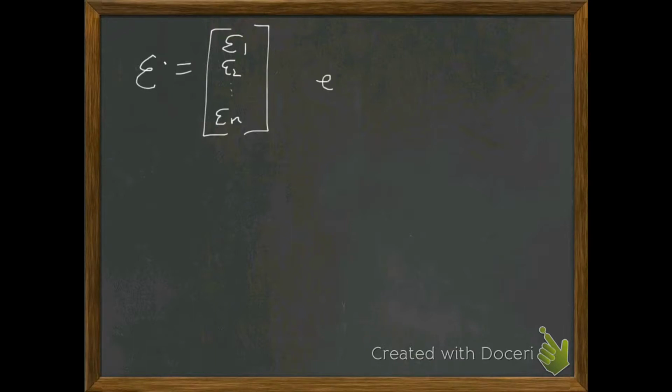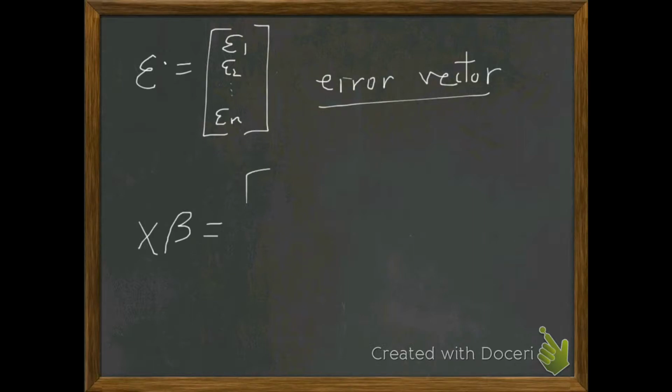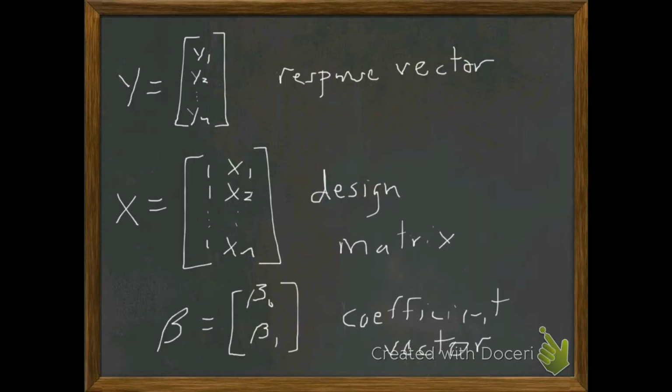And this is our error vector. Okay, now if we put X and B together, from what we know about multiplying matrices, let's go back here. If we multiply X and B, we take a linear combination of the first row and the first column in B, so we'll get beta 0 times 1 plus beta 1 x1.